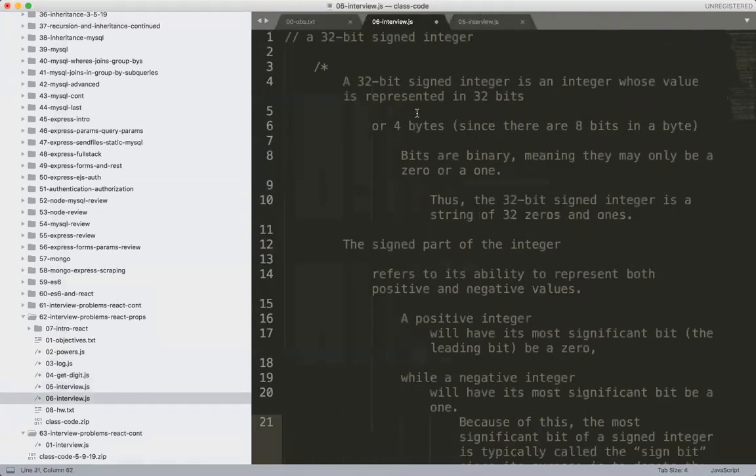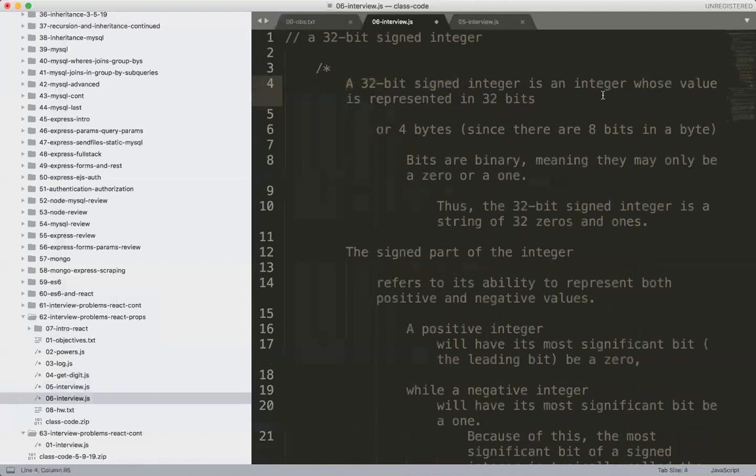We came across some terminology on Thursday. We came across a 32-bit unsigned integer. So we'll go over what a signed integer and an unsigned integer are. A 32-bit signed integer: an integer is just a whole number, right, whose value is represented in 32 bits.